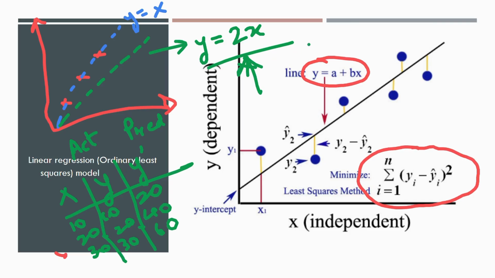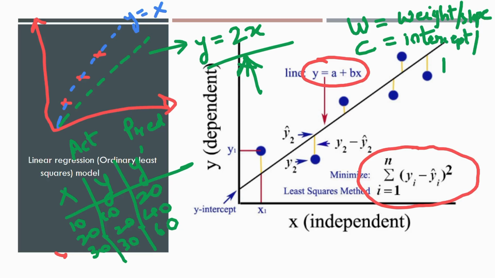When I say the model is wrong, W is the weight or slope and C is the intercept, also called the bias. This intercept and weight are wrong. The weight should be 1. In this case, the model is giving a weight of 2.